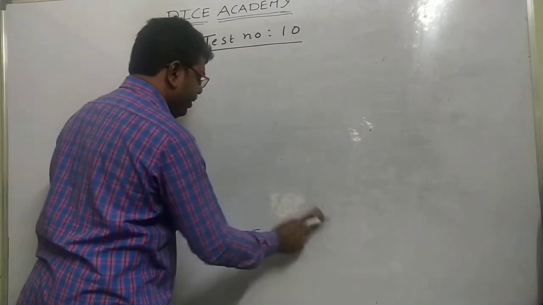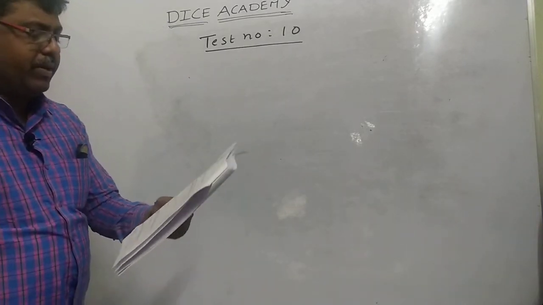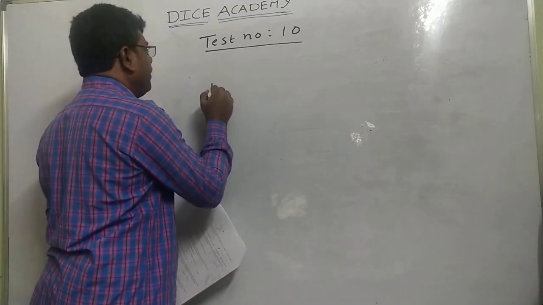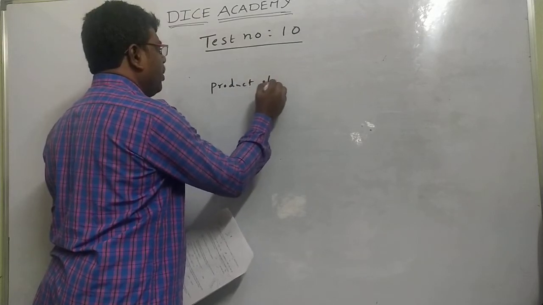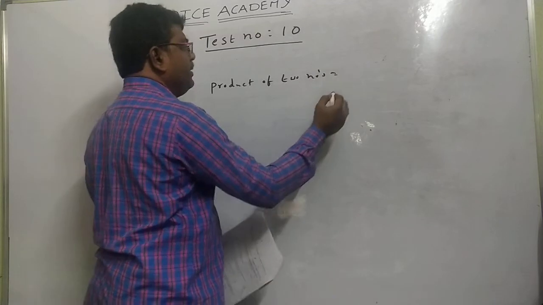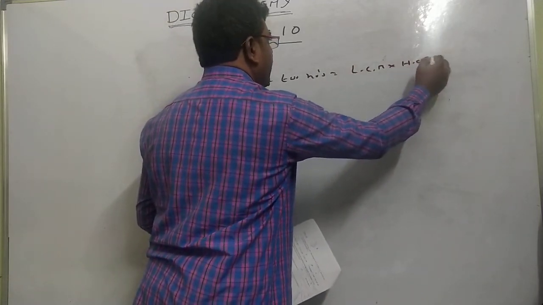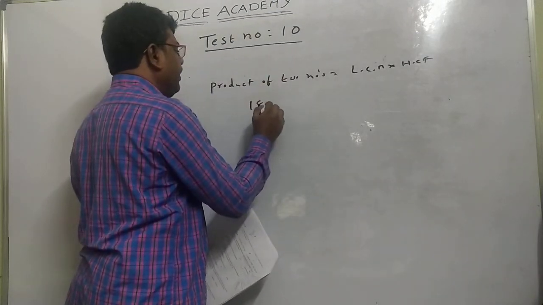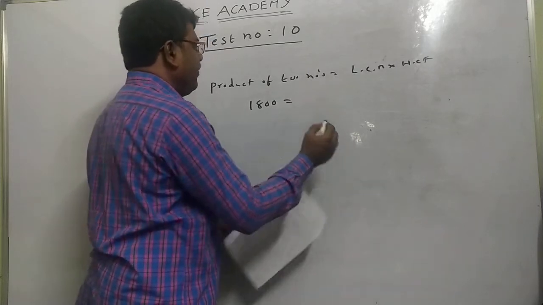The fourth problem is asking for the LCM. The formula is: product of two numbers is equal to LCM into HCF. A into B, the product of two numbers, is given as 1800, and the HCF is 12.